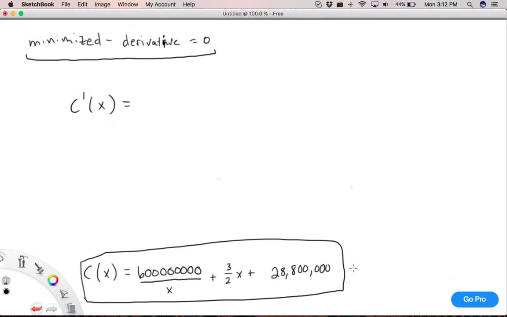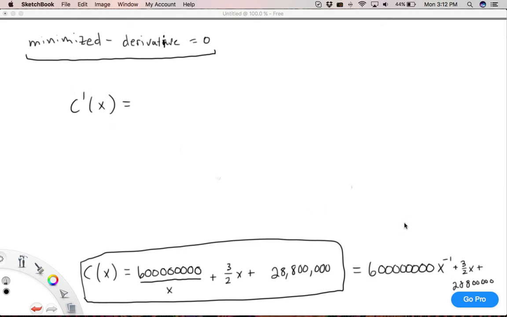Oh, actually, I'm going to rewrite this cost function one more time in a little more manageable fashion. I'm going to change this to 6 times 10 to the 8 times x to the negative first power plus 3/2 of x plus 28,800,000. Had to fit it on 2 lines.